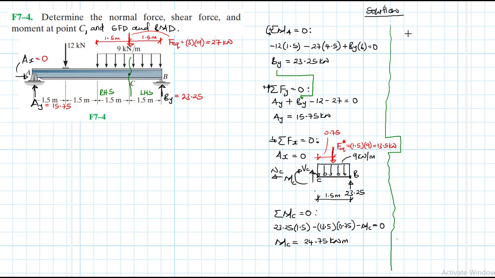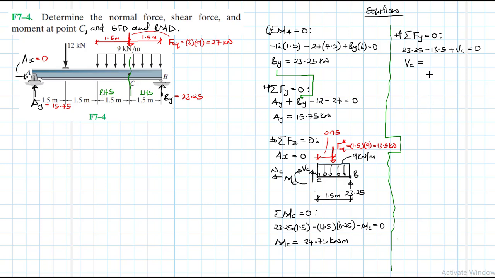Let's find the other internal forces. So summation of forces in y equal to 0. What do we have? We have 23.25 minus 13.5 and then plus VC equal to 0. Therefore, our VC is just going to be equal to 23.25 minus 13.5.